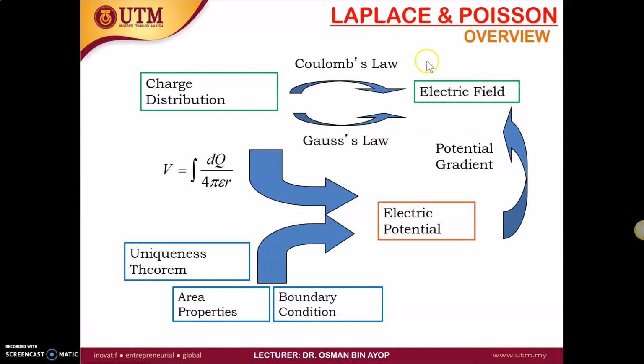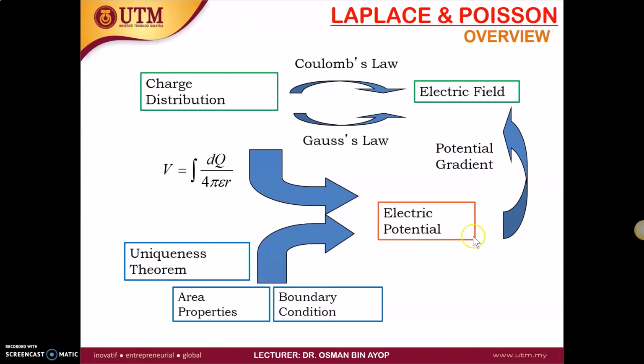Next, in chapter 4, we already learned how to find the potential for the different cases, whether it's a point charge, surface charge, and so on. So we can relate the potential with the electric field intensity by using the potential gradient. This is what we have covered in the previous chapters.